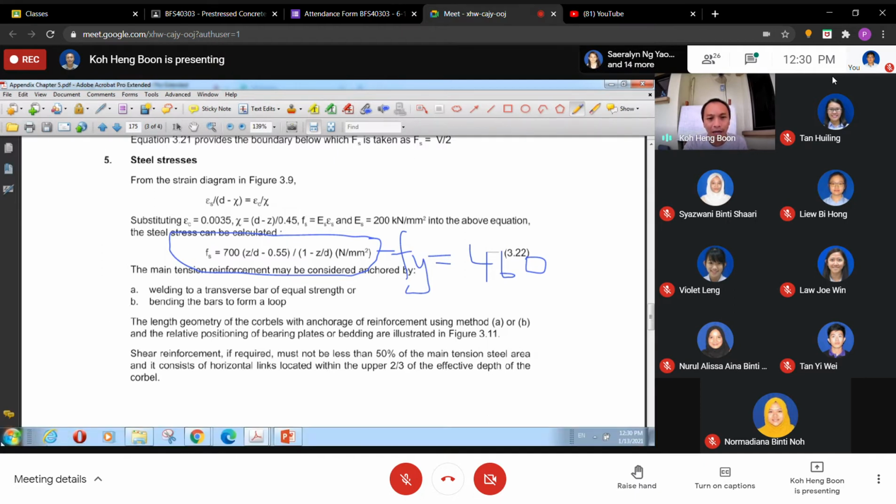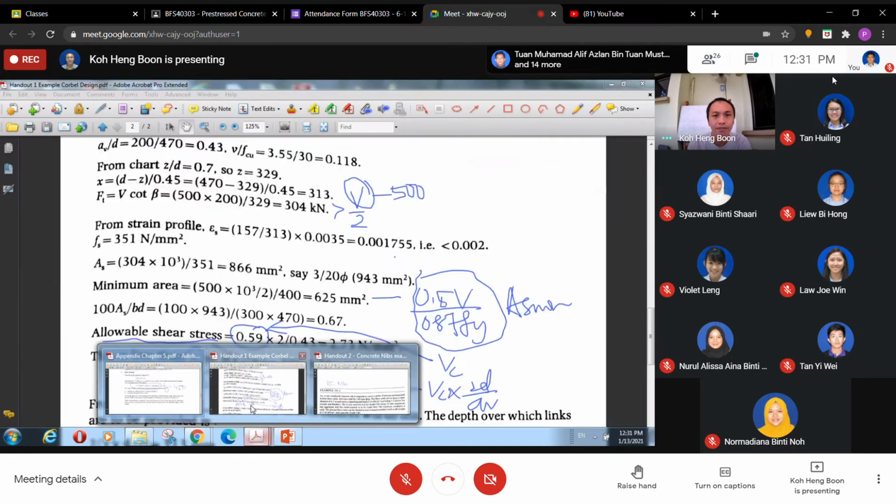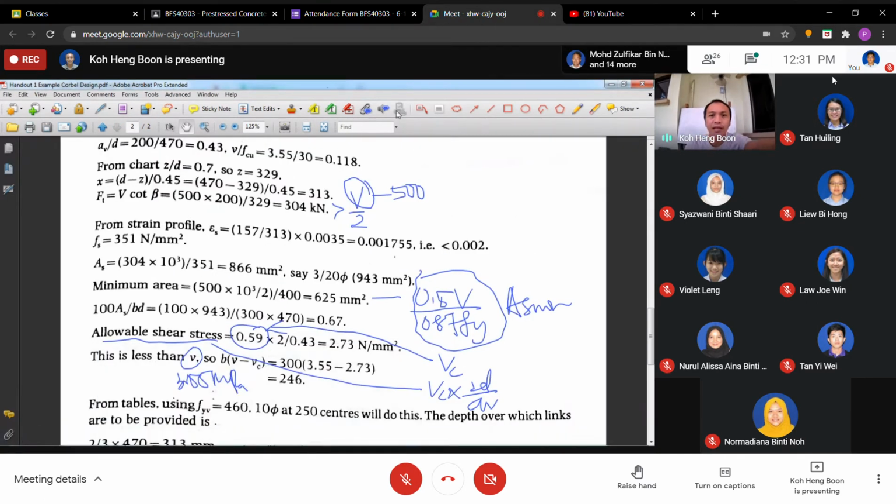Or another way is, you get the strain ready. This one, you know the ultimate strain. This is epsilon u. Because the reinforcement stress-strain curve is something like this. This is 0.87 Fy.